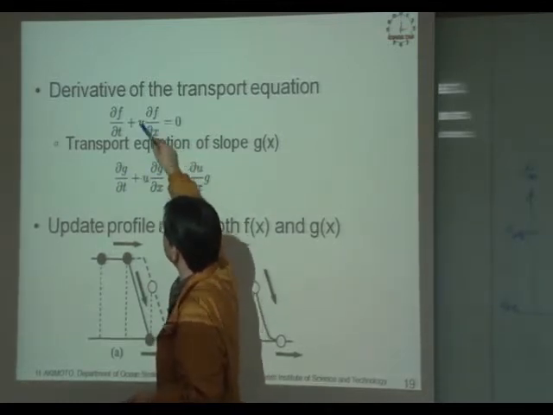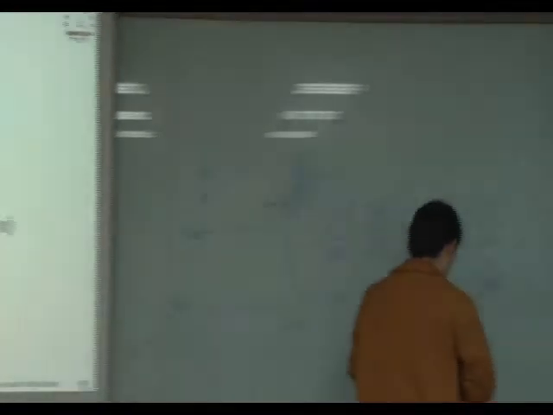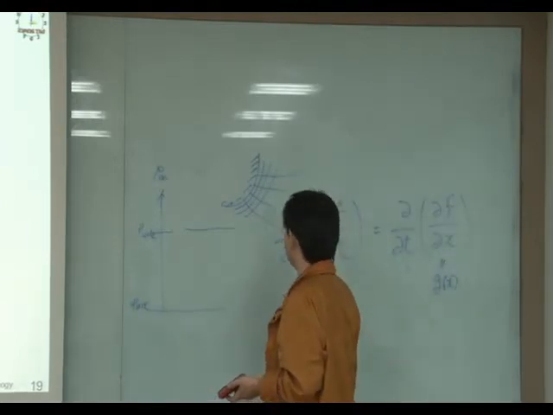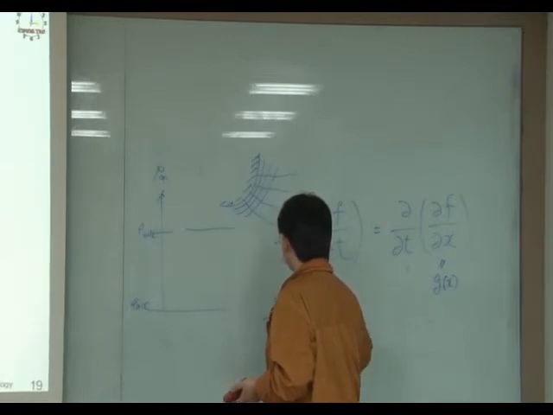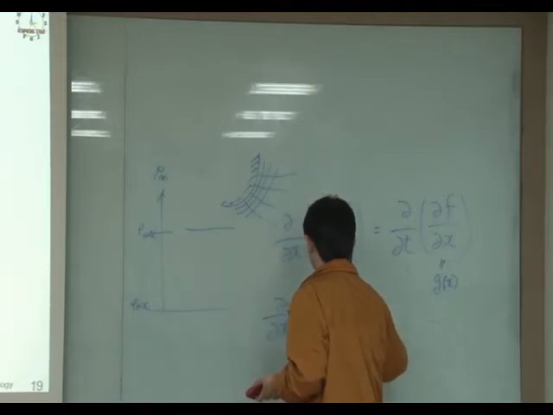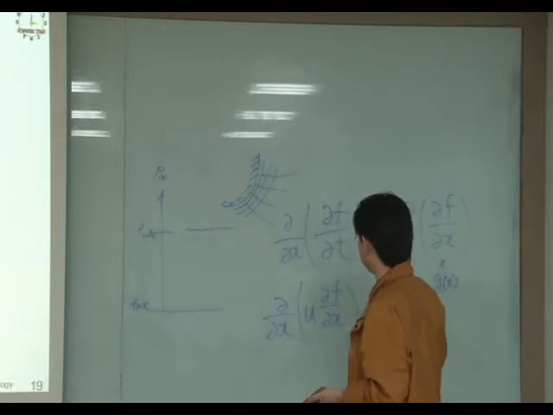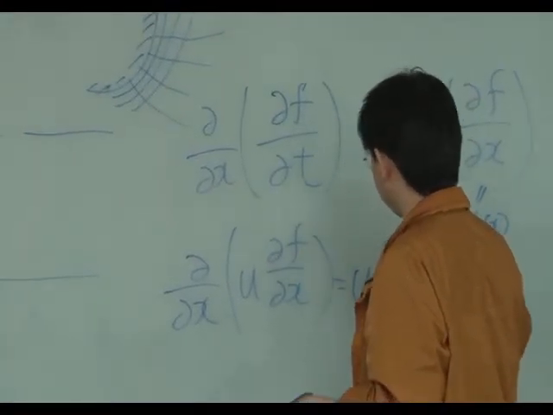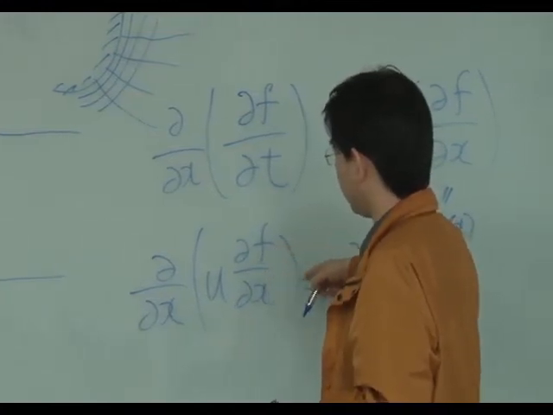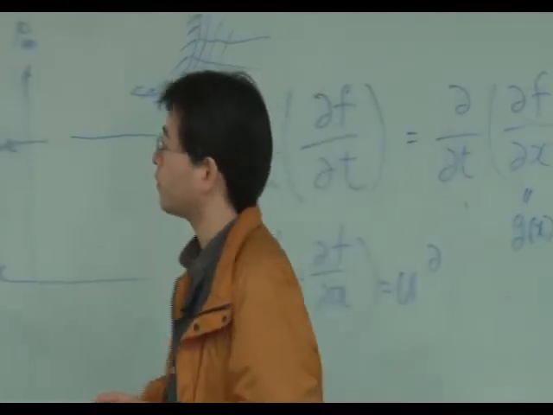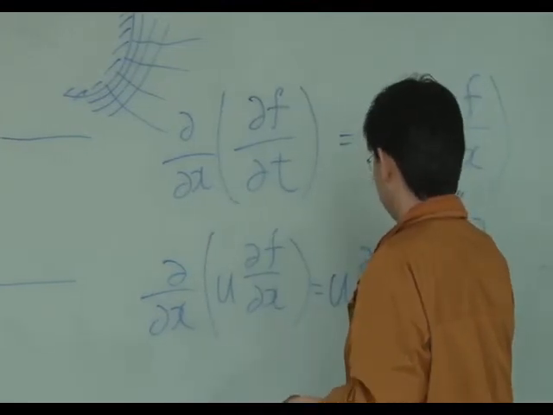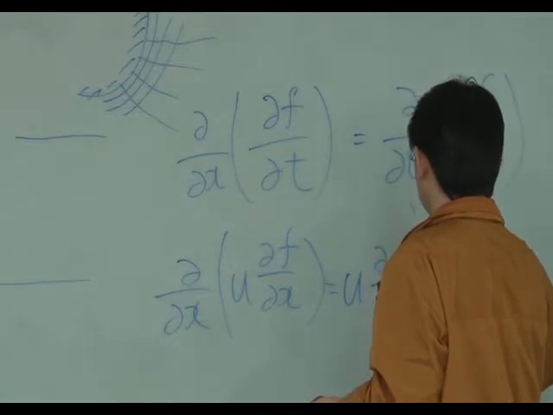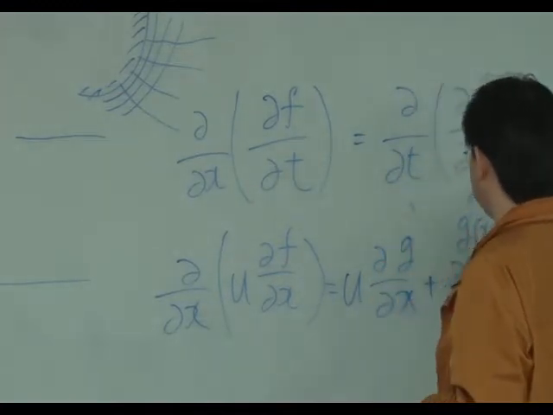And also in this part, this will lead to the first term, the derivative of x, plus the gradient of u times df/dx.